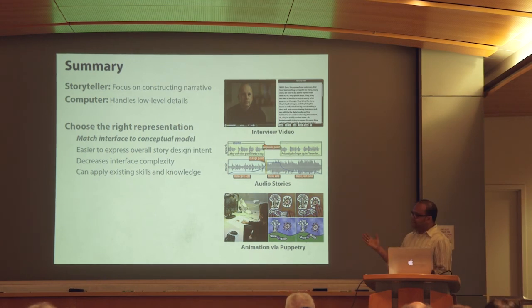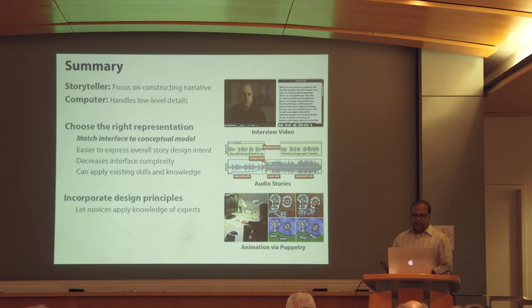And this makes it easier for users to express the overall story design, and it can decrease interface complexity. And as in the puppetry system, it can also allow users to apply their existing skills and knowledge. And second, storytelling tools should incorporate design principles. And this approach lets novice users really leverage the design knowledge of experts.